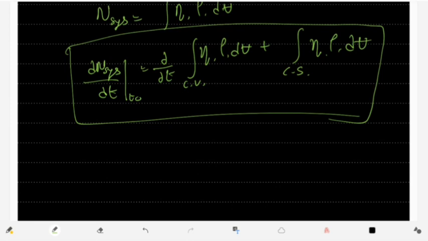This is the Reynolds Transport Theorem, RTT in short.